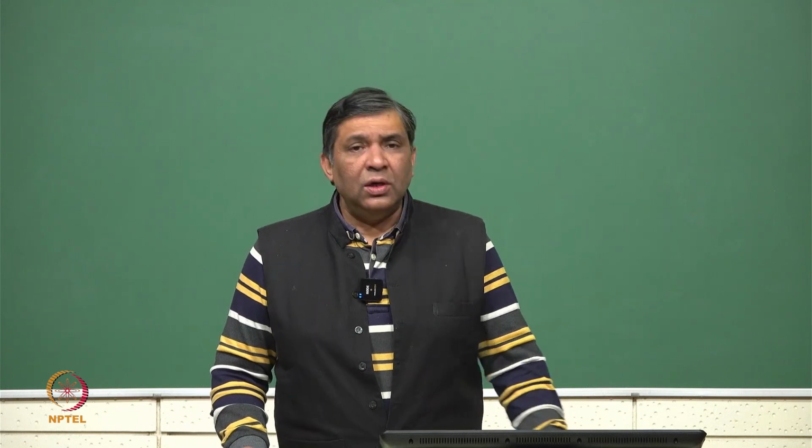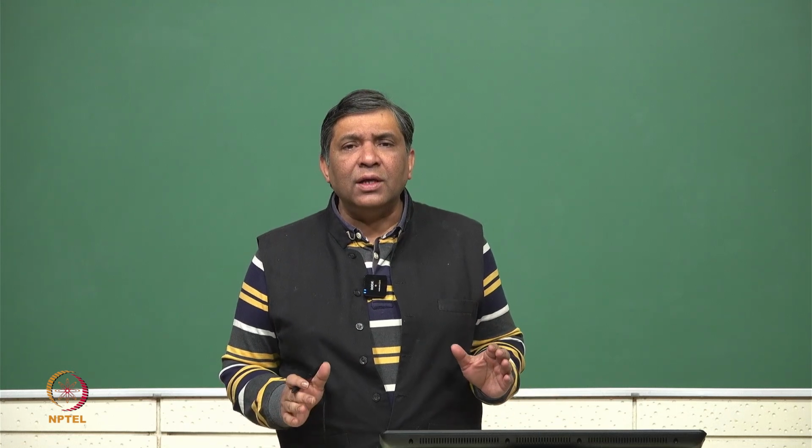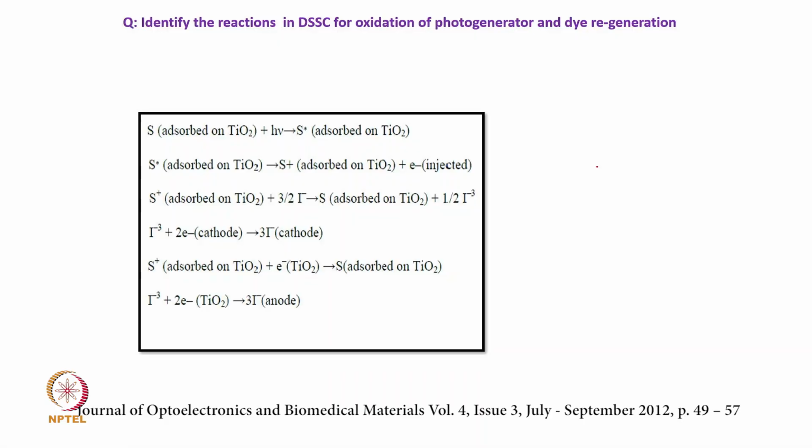Okay. So, let us look again at what reactions we actually discussed when we discussed the operation of a dye sensitized solar cell. S is the state of a dye which is absorbed in TiO2, and then it interacts with the photon which is falling on the dye, and it goes to excited state S star, that is also absorbed in TiO2.